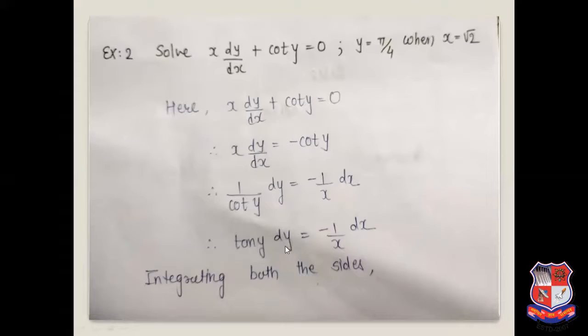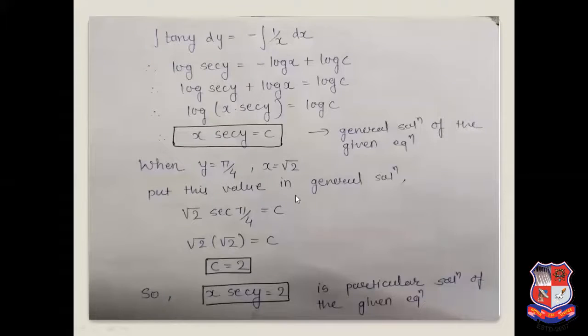Now both the variables are separated, so integrating both sides: integration of tan y dy equals minus integration of 1 upon x dx. We know the integration of tan y is log sec y, equals minus integration of 1 upon x, which is log x, and here we take the constant as log c.